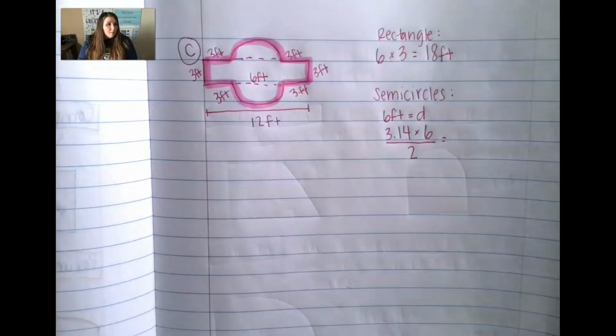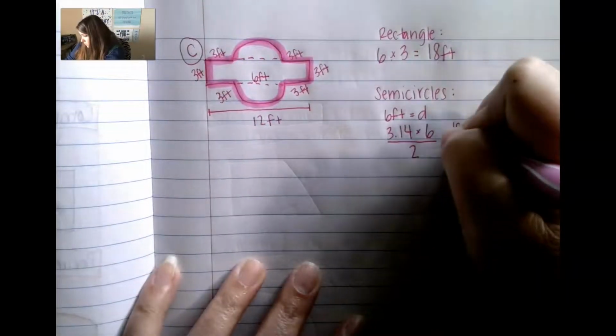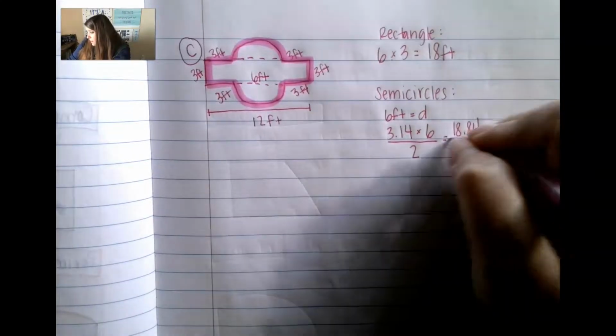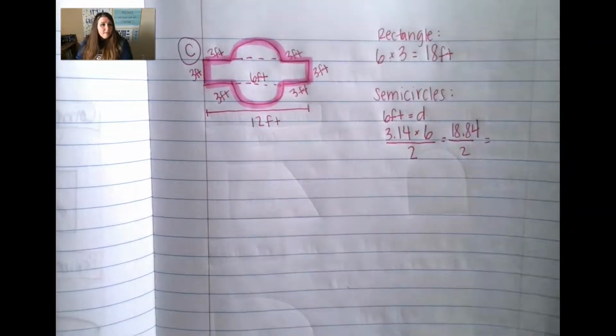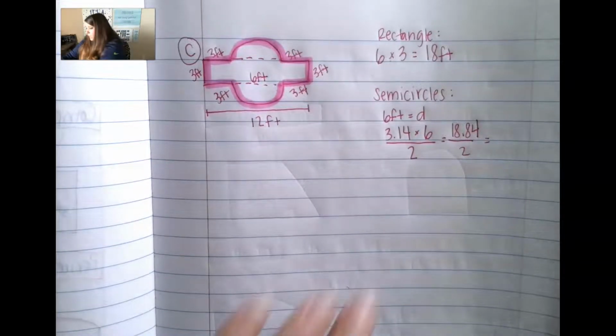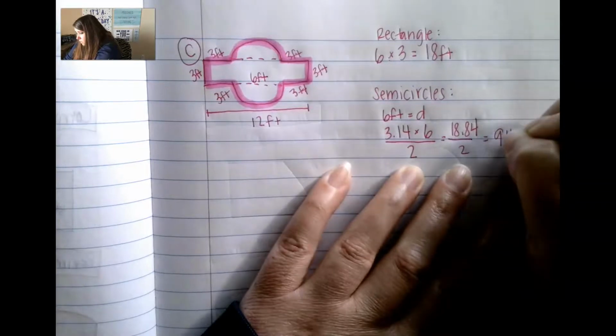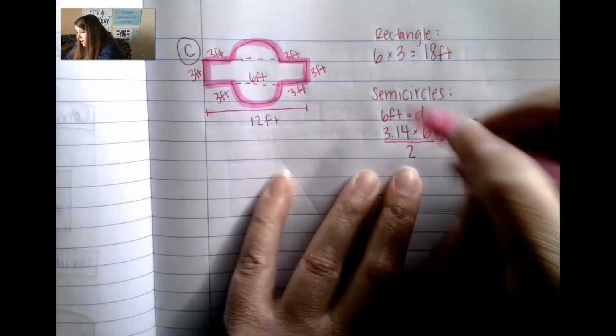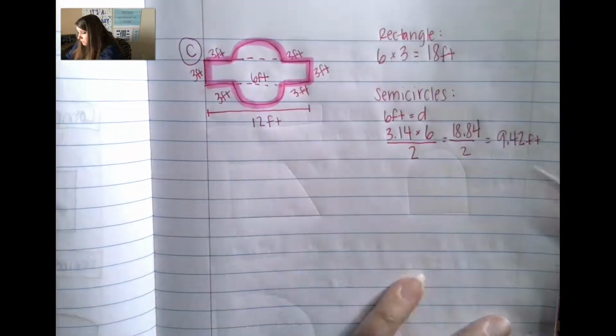So when I multiply 3.14 times 6, that gives me 18.84. And I now need to divide that by 2, and I get 9.42 feet. Okay, so I have my semicircles plus my rectangle.